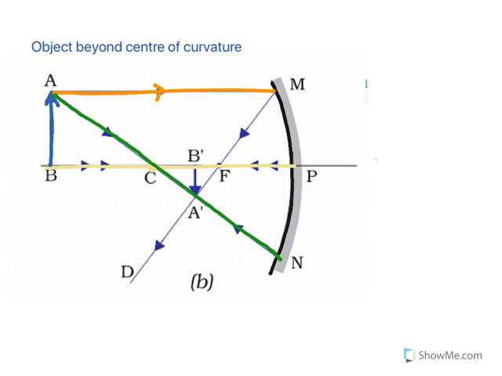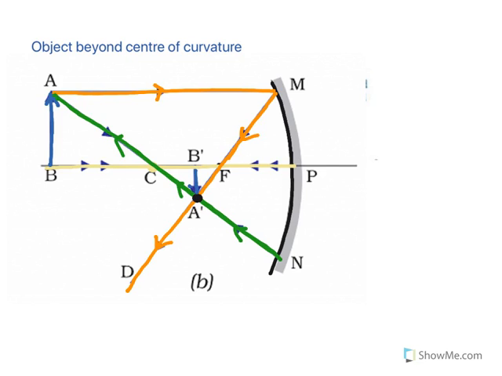Now the one that goes parallel to the principal axis, you know, after reflection passes through the focus. So this ray will pass through the focus, and the one going through the center of curvature here will retrace its path. And if you have seen, both these rays now meet at this point here.